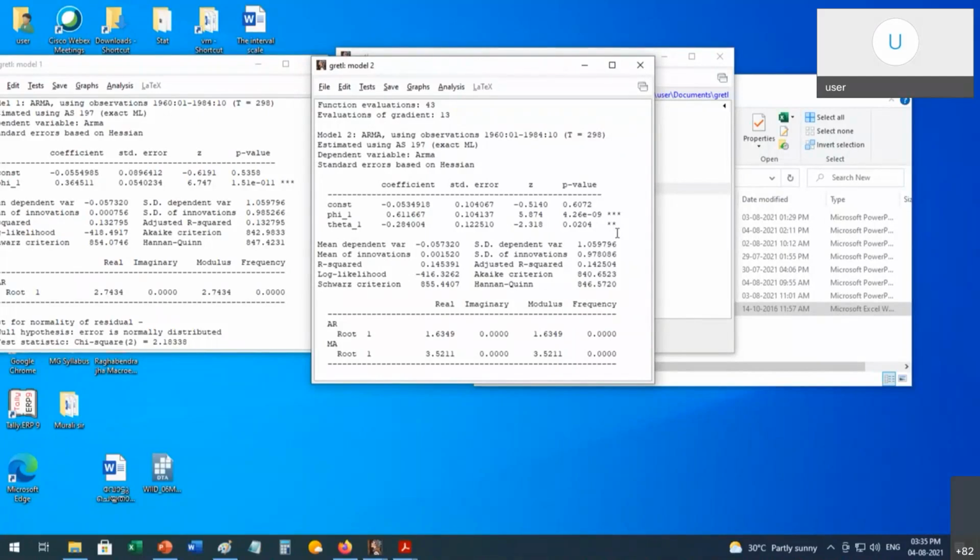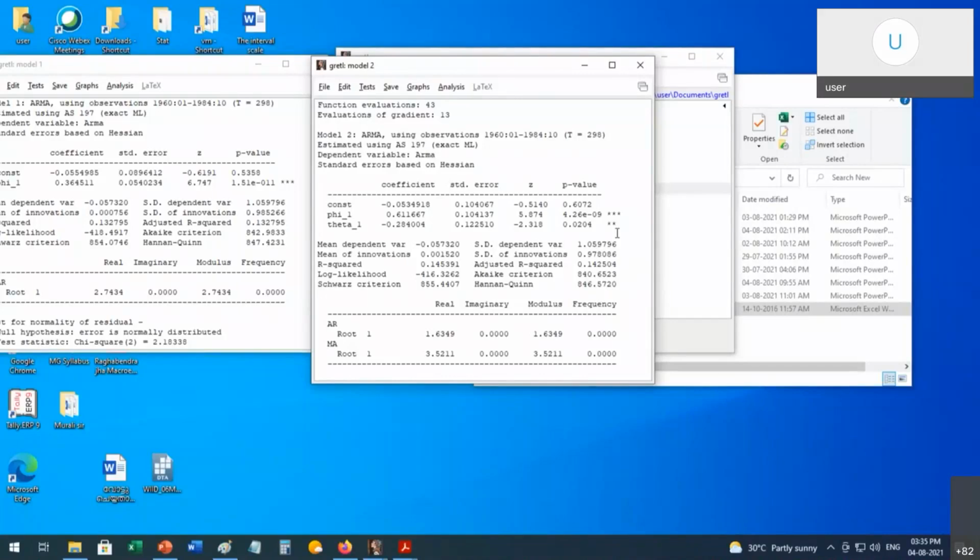Also some programs are available in terms of X12 and X13 ARMA from the American Statistical Bureau. Those are available with Gretl at the Gretl website.